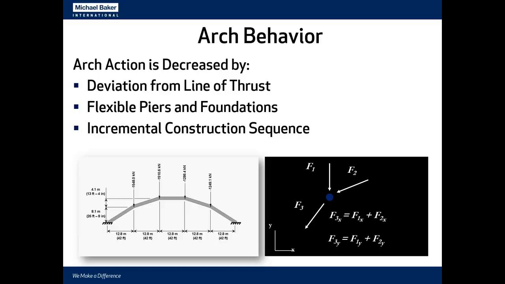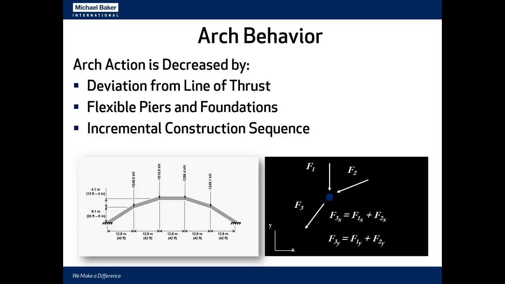Often the actual boundary conditions are significantly more flexible than the assumption of a fully fixed support at each end, and that additional flexibility often leads to significantly higher bending moments in an arch than might be computed if you assume the end conditions were fully fixed.